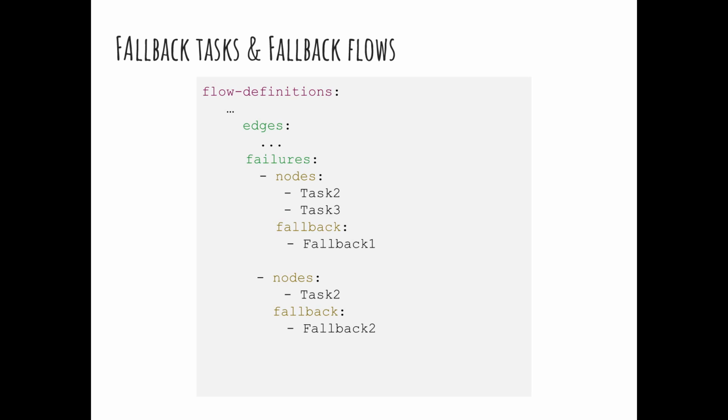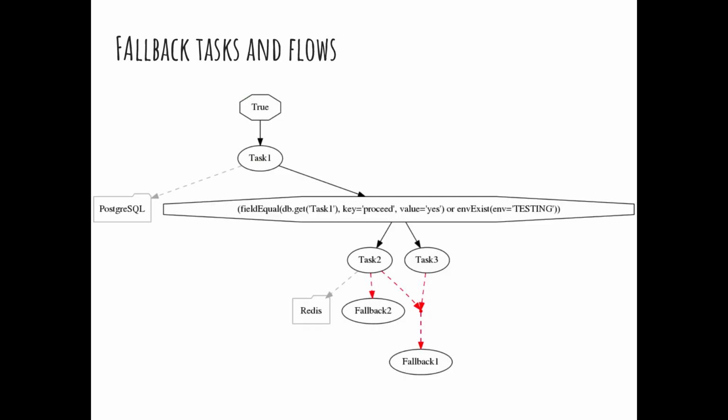failures in Selinon. Okay, if we plot the given fallback scenarios, we can see that if task 2 fails, we run fallback 2, and if task 2 and task 3 fail at the same time, we run fallback 1. With the new version of Selinon, you can also put conditions on these failure edges, so you can put your own condition under which a fallback task should be run.